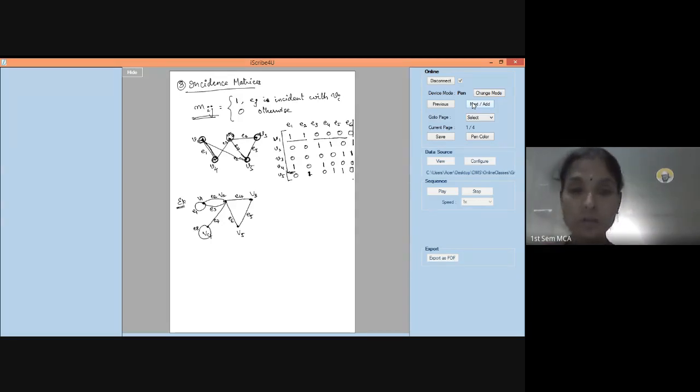Can you draw the matrix and give me the result, please?